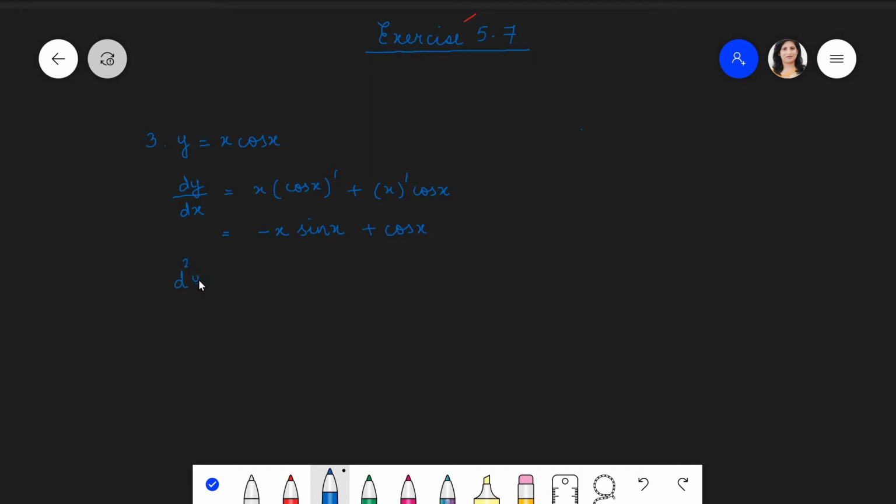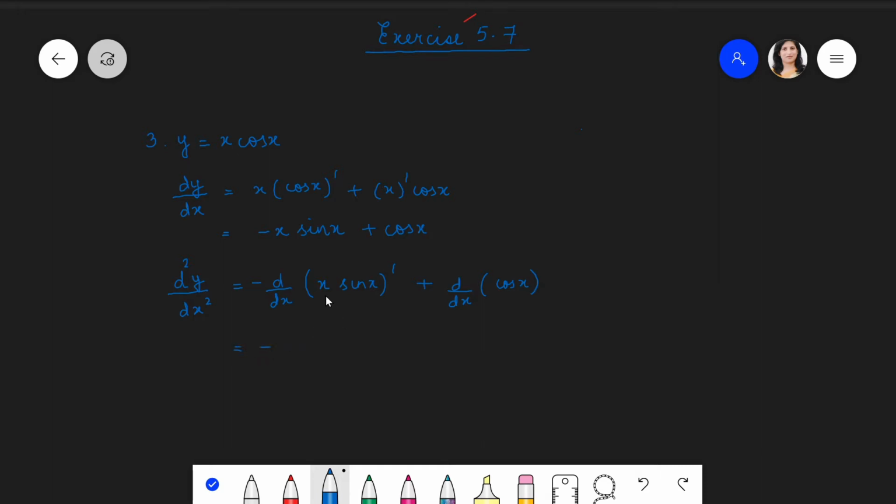We differentiate the left hand side with respect to x and we obtain d2y by dx square. On the right side we are going to differentiate the first term. I'm taking a minus sign common, so differentiating x sin x with respect to x and then differentiating the second term, cos x, with respect to x.